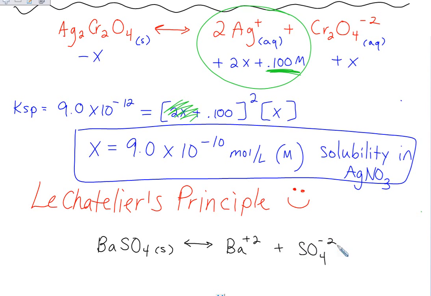Now, here's the problem. Barium sulfate can be used to do internal x-rays of organs and stuff like that. The x-ray will pick up the barium sulfate, but you don't want it to dissolve. Barium sulfate solid is harmless. Eventually it will just come out when you go to the bathroom.